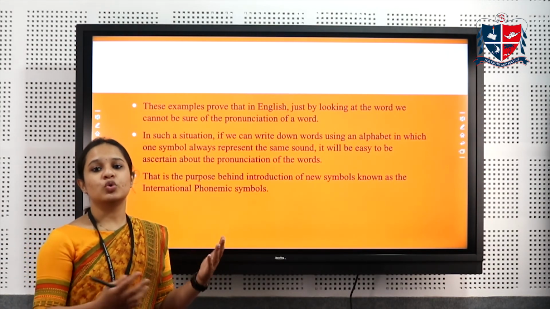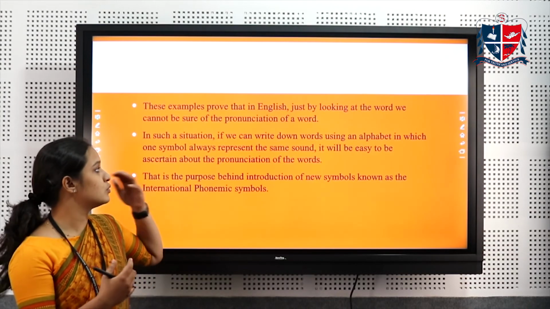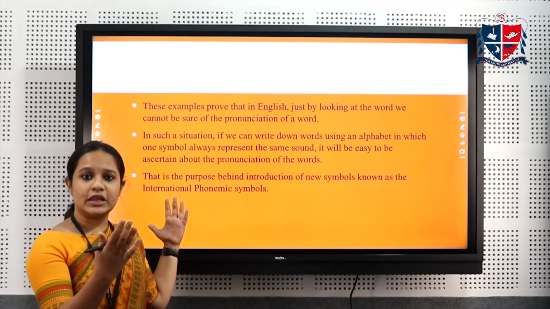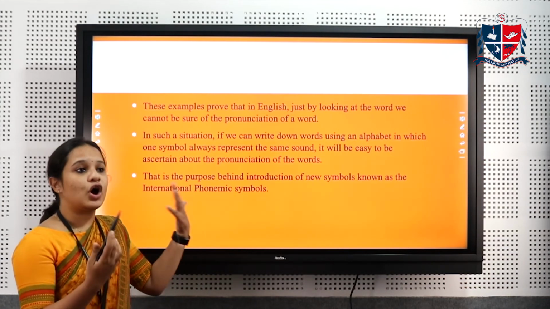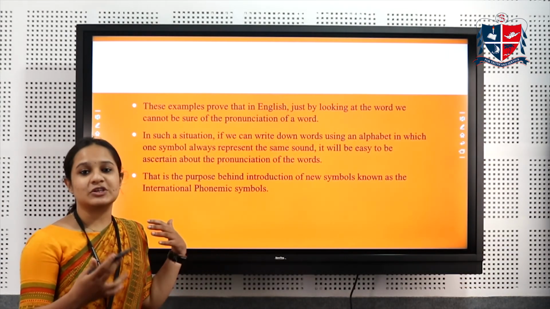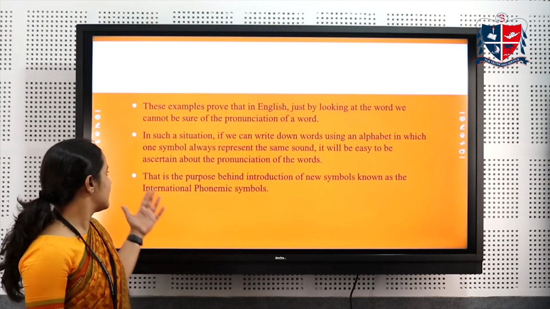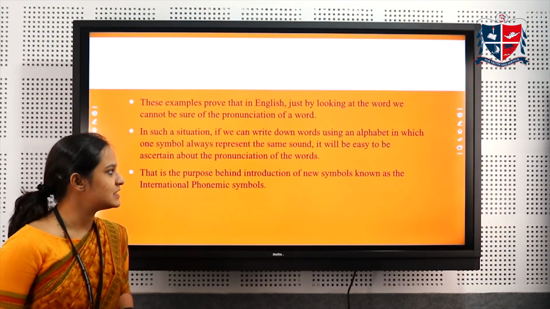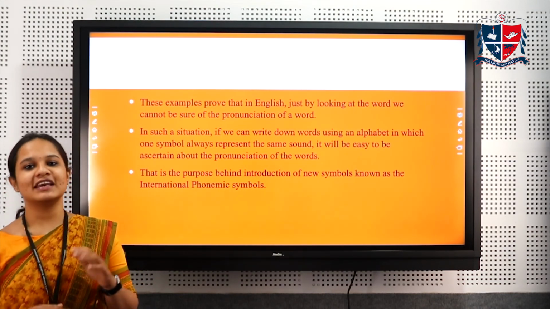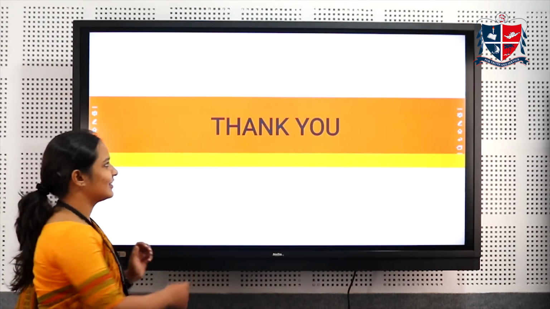Any person who knows these representations or who's aware of the phonemes can read a word even if he is not familiar with the word or the actual pronunciation of the word. Okay, now this is the purpose behind the introduction of new symbols known as International Phonetic Symbols.